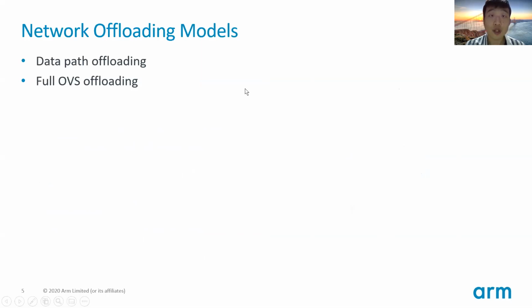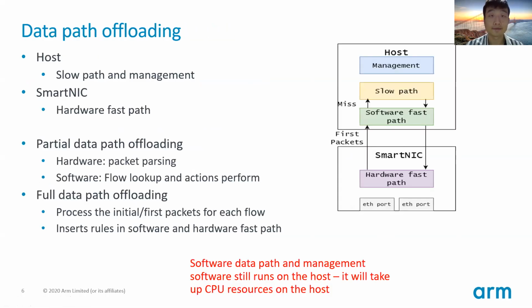There are a lot of network offloading models, but they can be classified into two classifications. One is data path offloading, the other is full OVS offloading. In data path offloading, the host will run the slow path and management software.